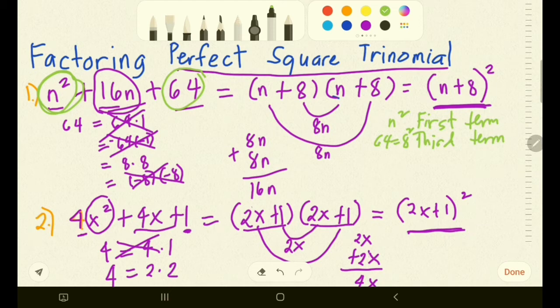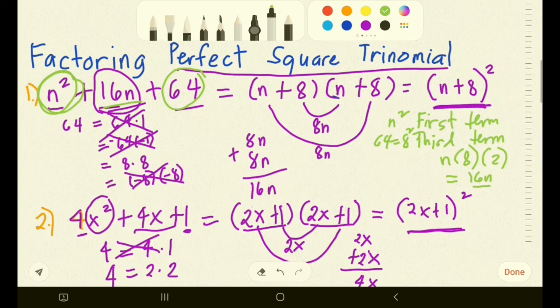For the first term, the base is n. For the third term, the square root, or the base, is 8. And then you multiply it by 2. So 8 times 2 is 16, times n, that is 16n. Okay, we got here 16n. So, meaning to say, this trinomial is a perfect square trinomial.